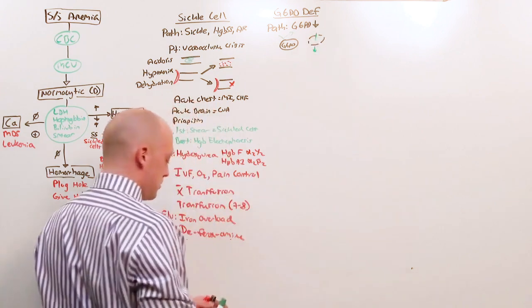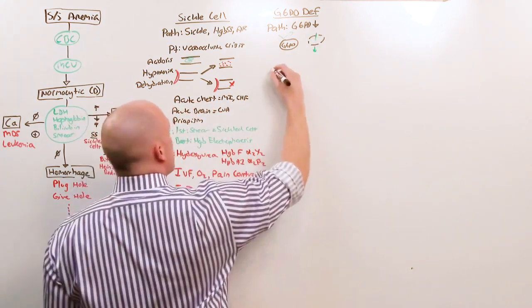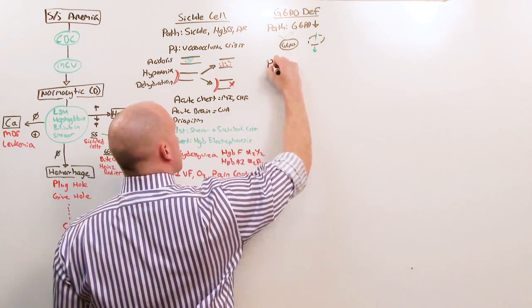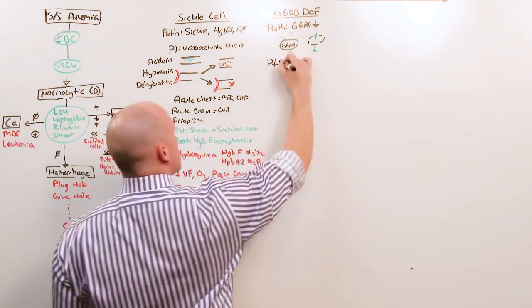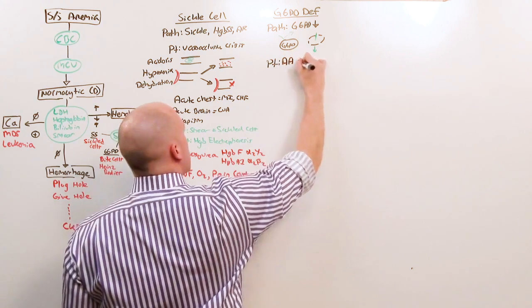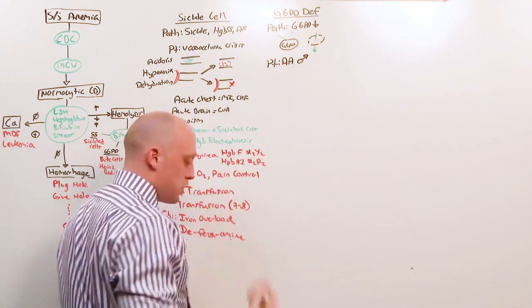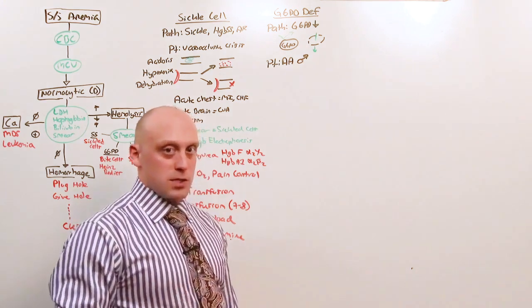destroying the cell. There are 2 variants, and the variant that you should learn is not the one you learn about in basic science. It's the African American man who gets exposed to some sort of medication oxidant stress.